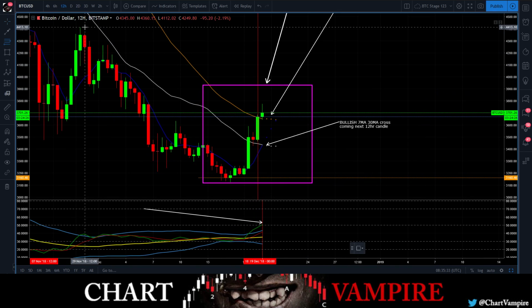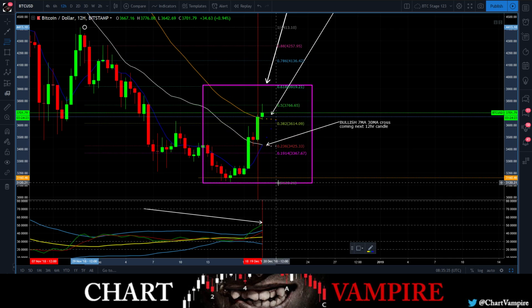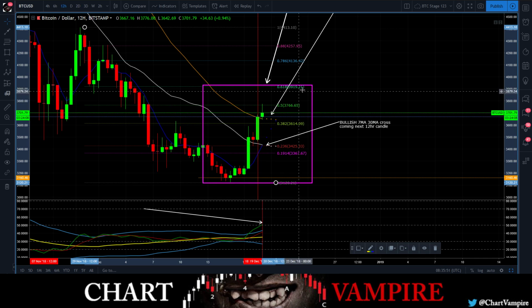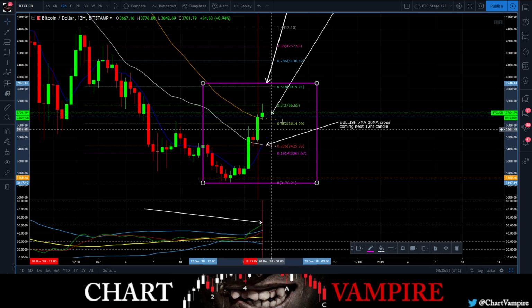Right? And I'll pull off my Fibonacci from here to there. It stopped on the 50. It retraced back down and found support on the 50. So it hit the 50, pulled back, bounced through, hit the 50, bounced back to the 50, using the 50 as support. Now the issue is if this baby breaks out here, you could literally see the 618.